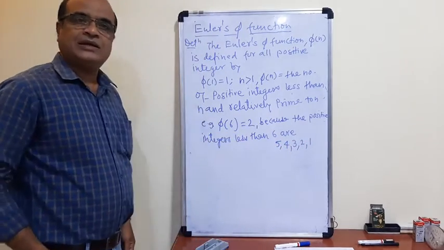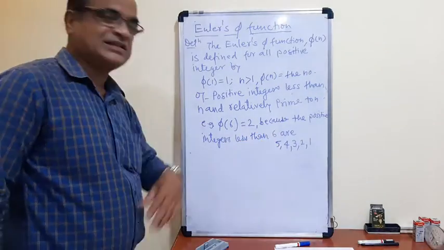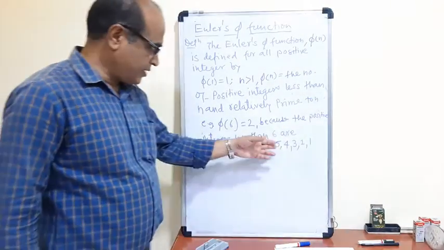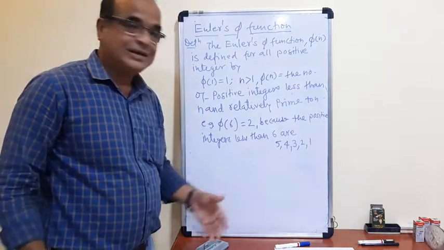So these are the integers less than 6. Five integers are there.